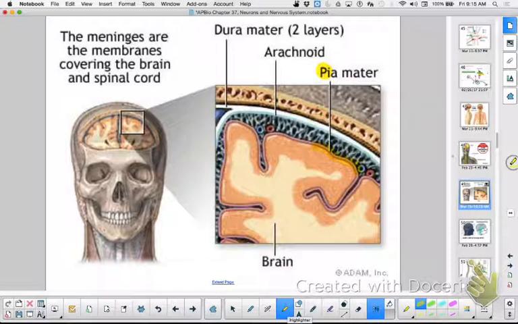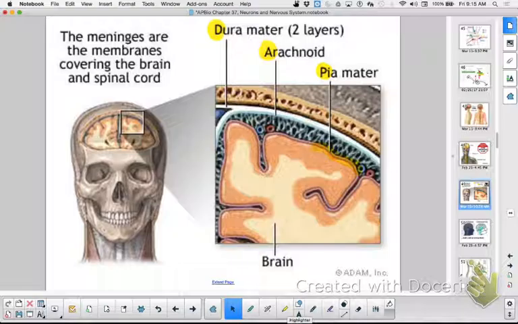Then the arachnoid kind of looks like spider web. And then the dura, very durable on the outside. And look, P-A-D spells pad. On your notes, they won't have you memorize those meninges, so you don't need to write it down. I just think it's interesting because it spells pad.